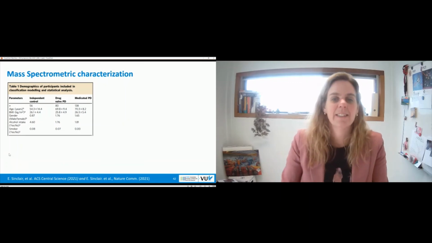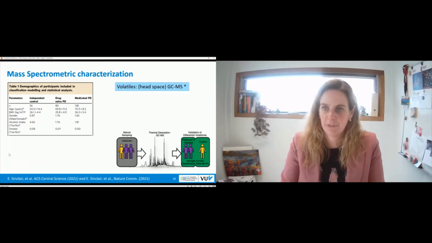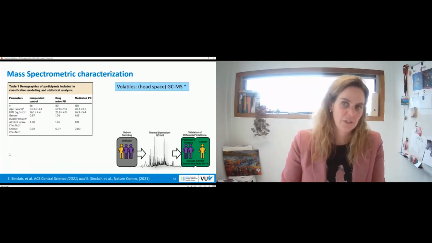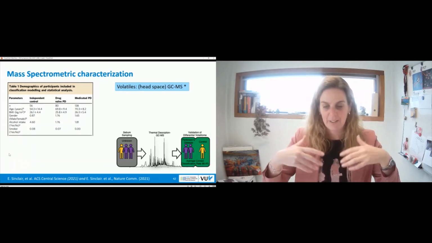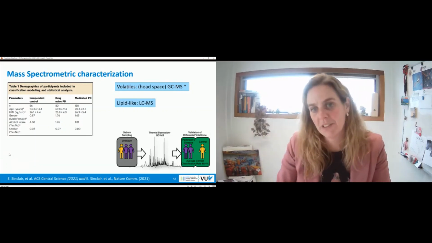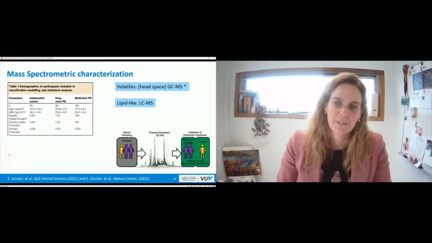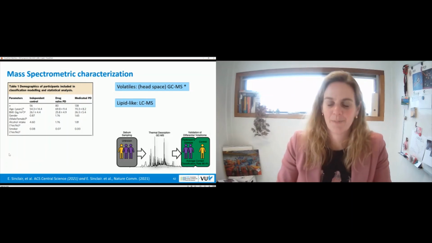We used 2 types of mass spectrometry. Gas phase, for the volatiles, what Joy smelled, we could put in the mass spectrometer. We used liquid phase separation mass spectrometry for the lipid-like molecules.